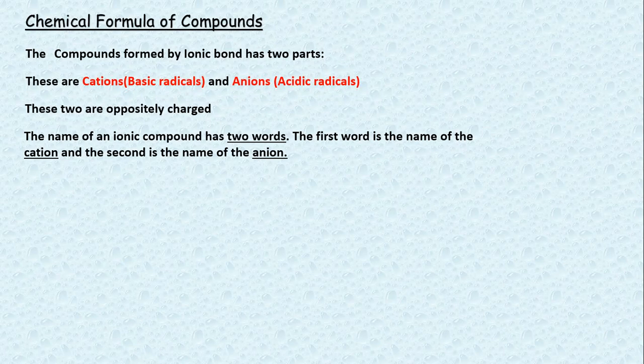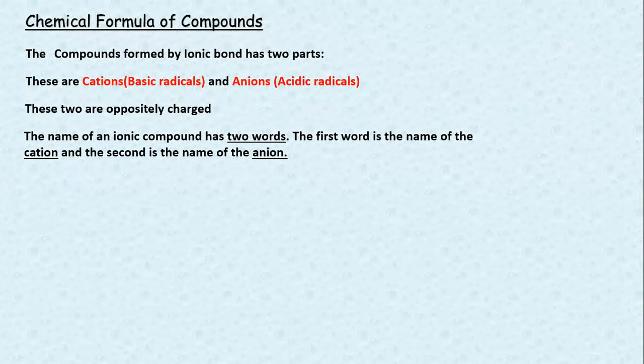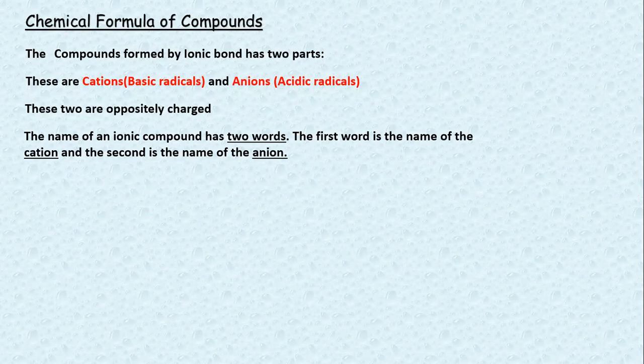So for example, sodium 2, 8, 1: sodium gave one electron and became a cation, whereas chlorine 2, 8, 7 took that one electron and became an anion. So sodium cation, chlorine anion, positive negative attract.